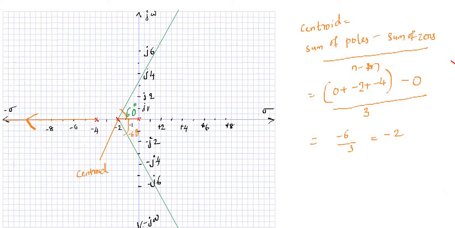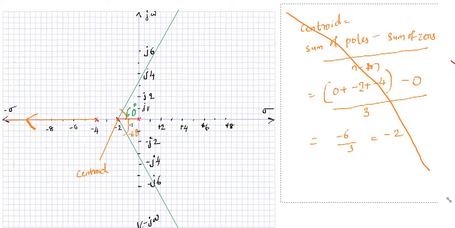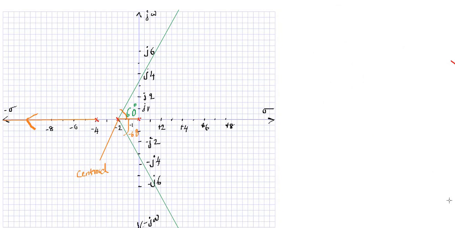So the next step is to find the breakaway and break-in points. In order to find the breakaway points, we need to find the characteristic equation of the given system. We can see that minus 2 and 0, two adjacent poles, are here.